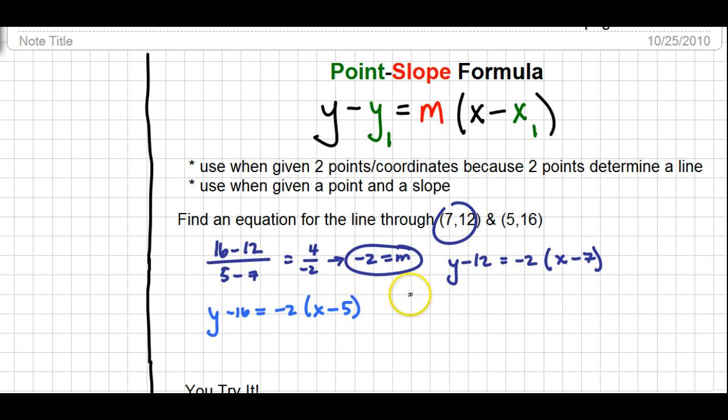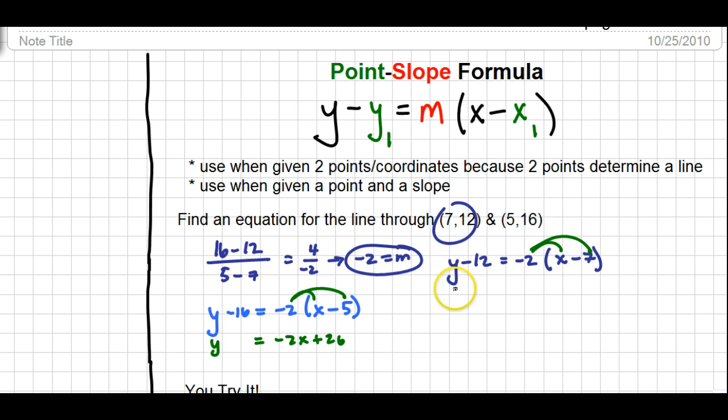So now let's determine if those two equations are indeed the same. If you go ahead and do the distributive property here, we still have y minus 16, but now we get negative 2x plus 10. And if you add the 16 to both sides, that's going to give you a 26 on this side. Now let's see if we get the same thing on the original one that we wrote in blue.